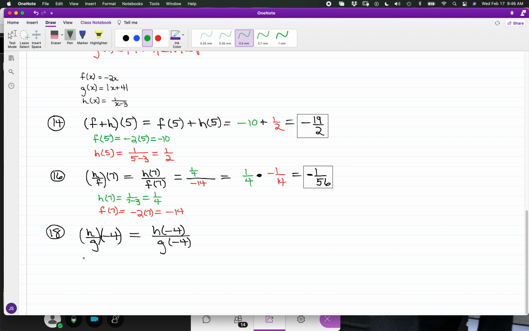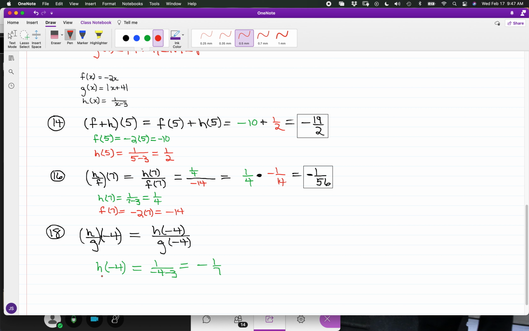So we have for h of -4, in this instance, we have 1 over -4 minus 3. So you have 1 over -7, and by then you can just go ahead and write this as -1/7.